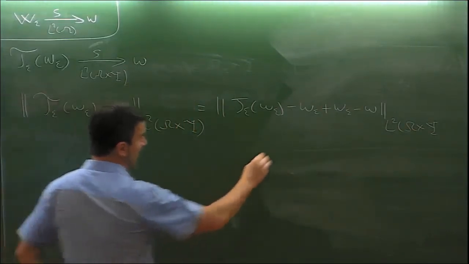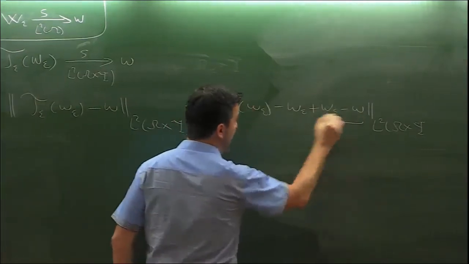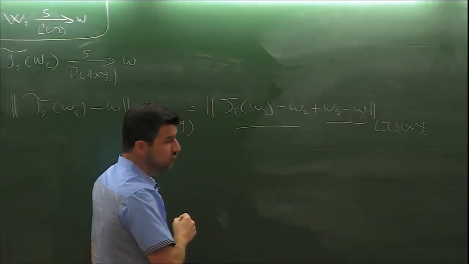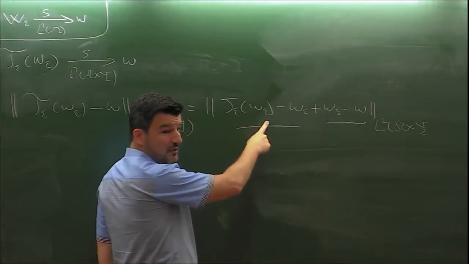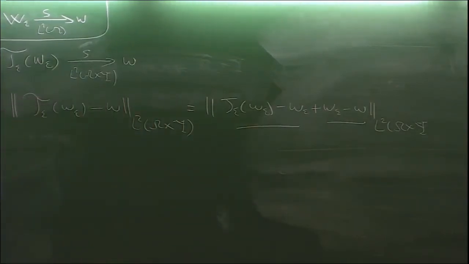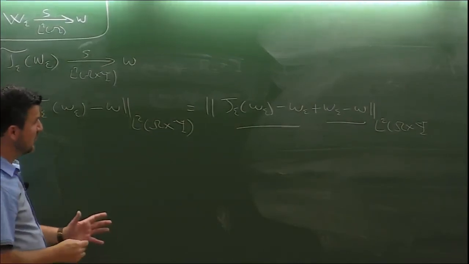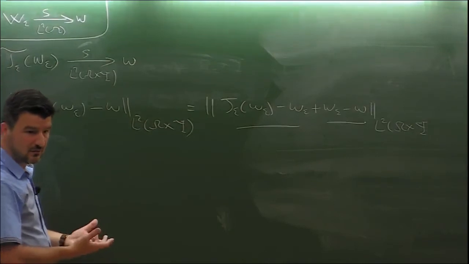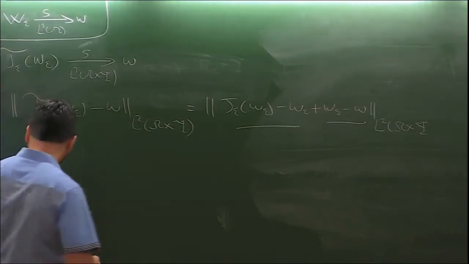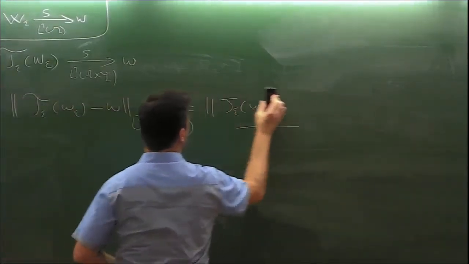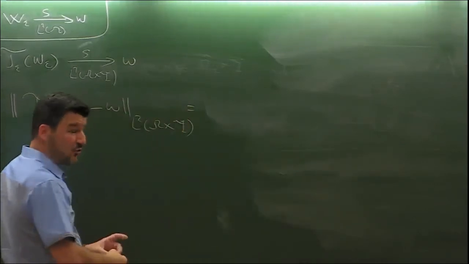Now, triangle inequality by splitting in two will be good, but I don't know what to say about this, okay? So, not the best approach, no? So, something else, now your turn.